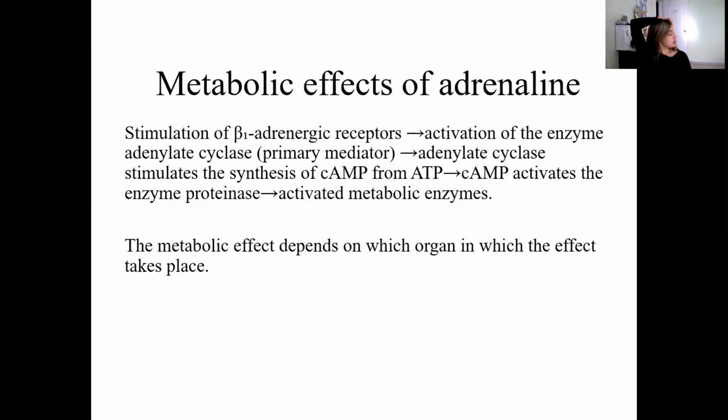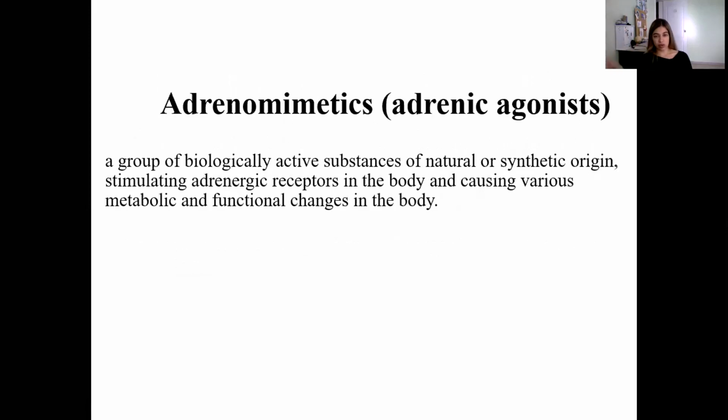In the juxtaglomerular cells, it will be increased renin production. So there are different metabolic effects depending on the cell we affect. Okay, this all was about the natural norepinephrine and epinephrine, the stimulants of adrenergic receptors.